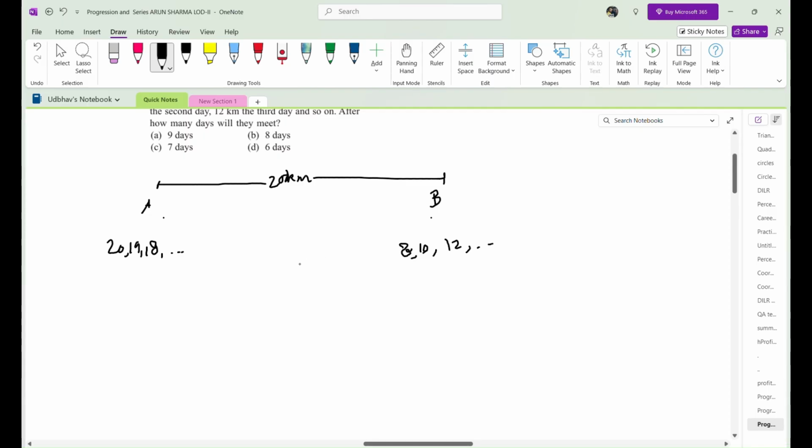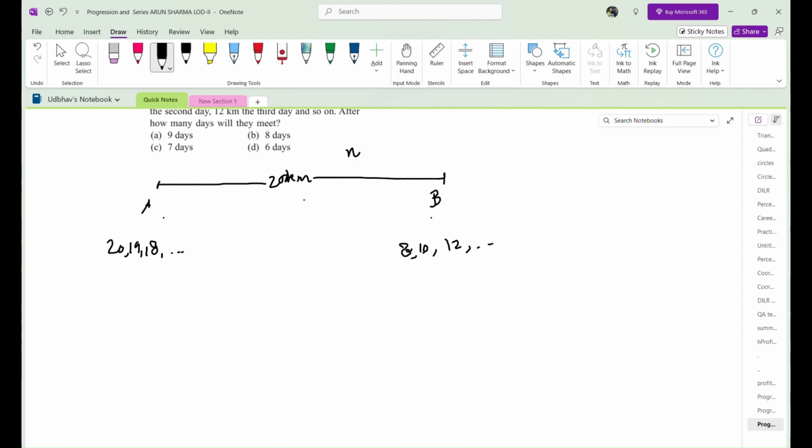We have to find after how many days the distance between these two will be 0. So how can we get the distance? Let's say they meet after n days. Let's just assume it.